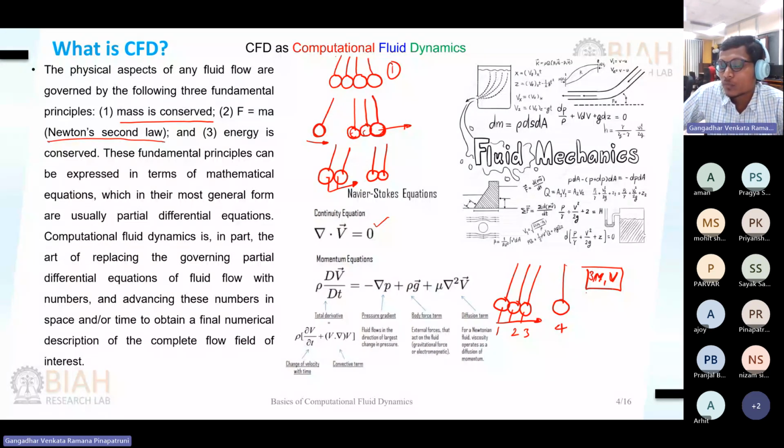This particular parameter, that is mass into velocity, is what we generally call momentum. So this momentum should be constant. To ensure this momentum is constant, the fourth pendulum, the third one, and the second one move together, leaving the first one static.